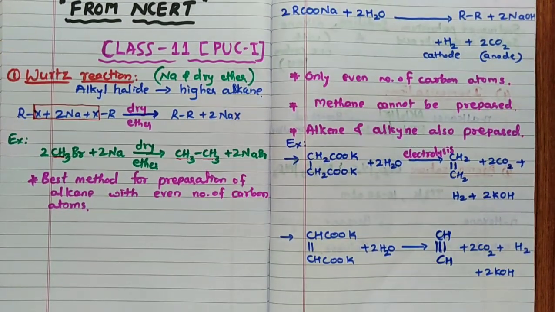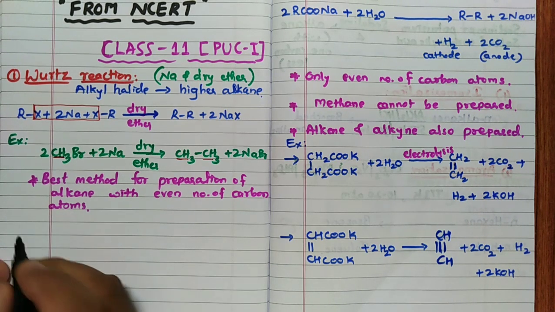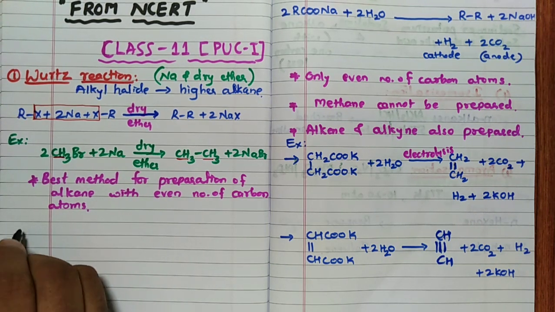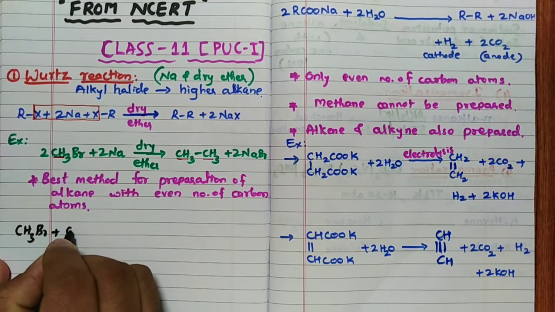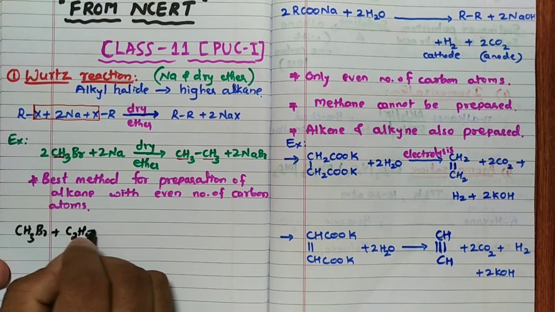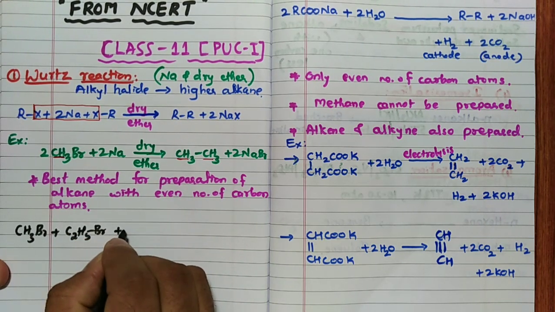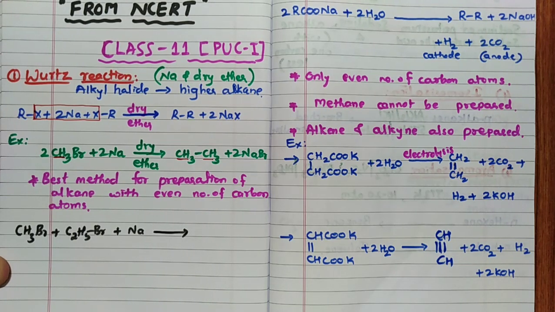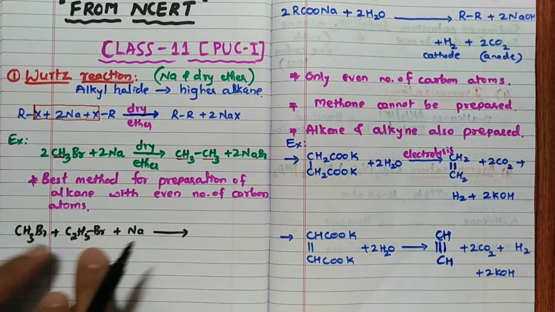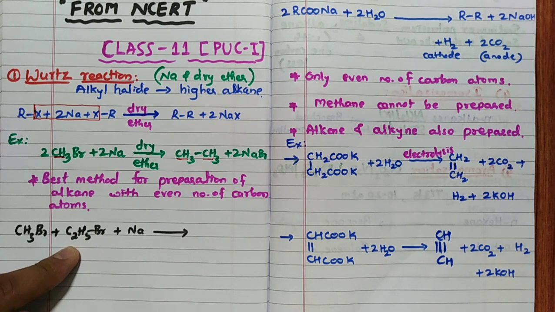For example, I will give you one reaction. Just imagine CH3Br reacts with C2H5Br plus Na. Now what all products are possible? CH3Br reacts with its own kind, because in any reaction practically you cannot add only one molecule. Remember that.